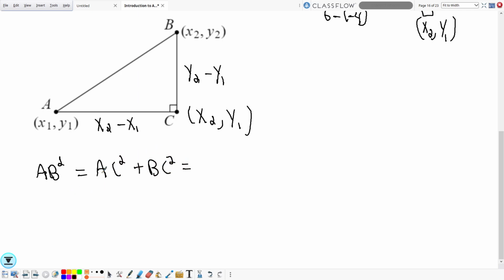Well, AC we know is x2 minus x1, so it's (x2 minus x1) squared, plus BC squared, which we know is (y2 minus y1) squared.